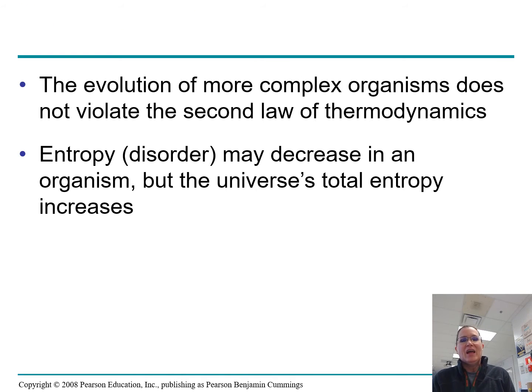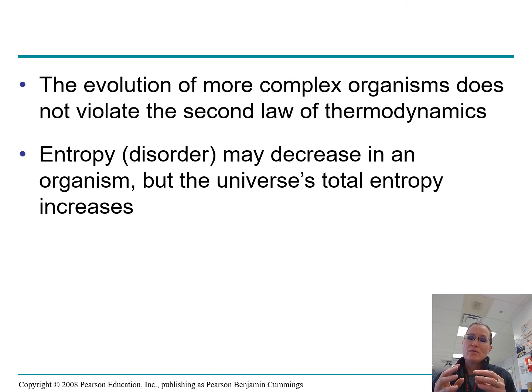And then this is talking a little bit more about that. Whenever we make an organism, whether we're making glucose, skin, or a person, that is forming something, and that decreases entropy because it increases order, the organization of a system.